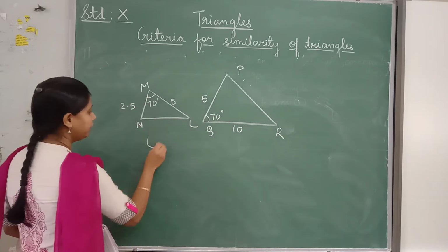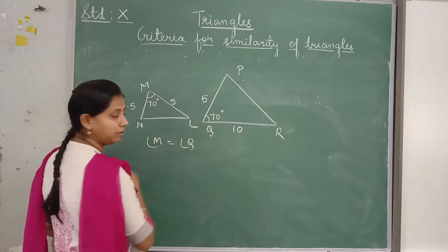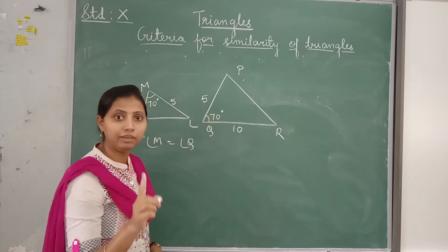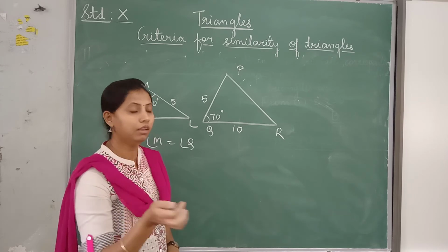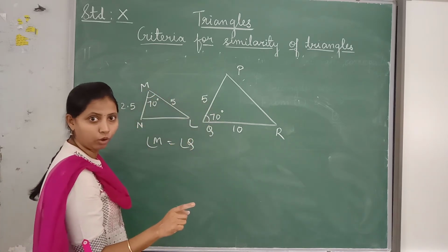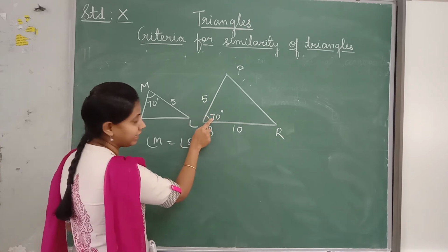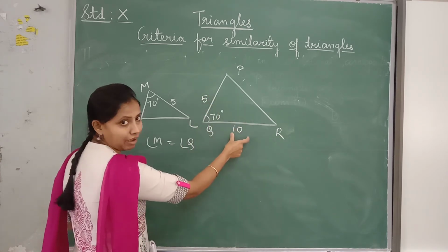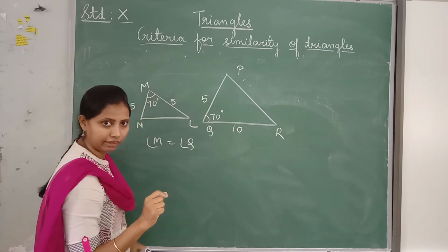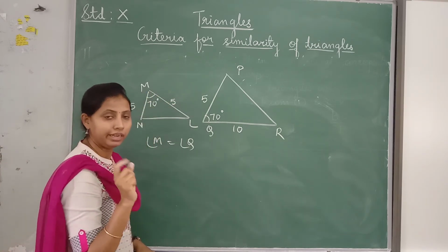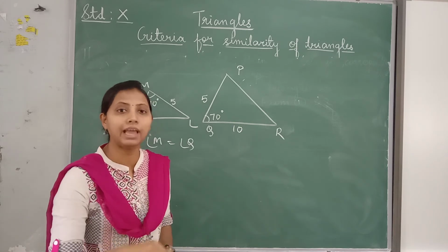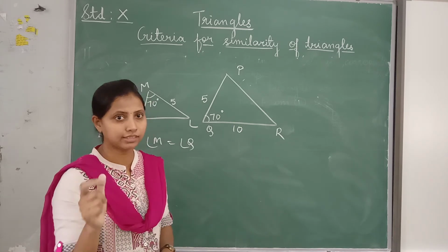Here one angle is equal and the other two sides are given. Firstly you have to see whether the two sides are the sides with this included angle. Is it there or not? Yes, 70 is the included angle because these two sides are given, and here also these two sides are given, 70 is the included angle. That you have to see first. Is it an included angle? If the included angle is equal, then you can go for checking the sides.